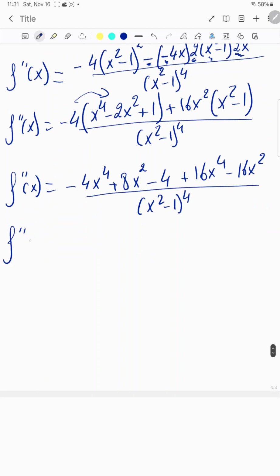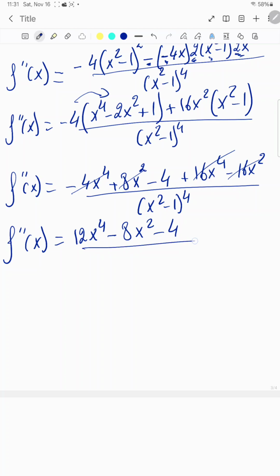And let's simplify it. I have 16x to the power of 4 minus 4x to the power of 4 is 12x to the power of 4. I have minus 16x squared plus 8x squared, it is minus 8x to the power of 2, and I have the minus 4, I keep it, and I divide by x squared minus 1 to the power of 4.